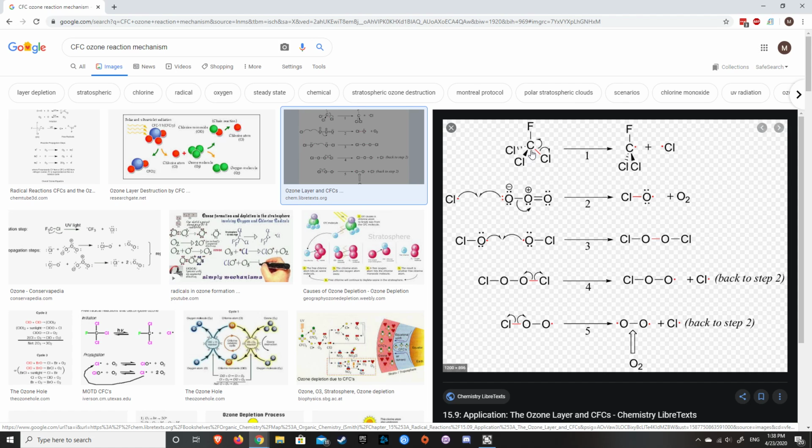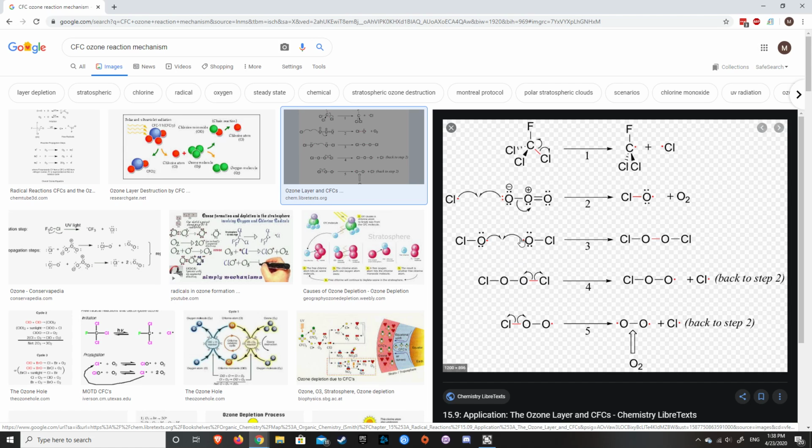So these CFCs, the UV light comes in and breaks this bond and forms this chlorine radical. It causes things to mess up, because the chlorine radical then reacts with ozone to form a chloro-oxygen radical and liberate O2, and then those react together, basically just to neutralize it.